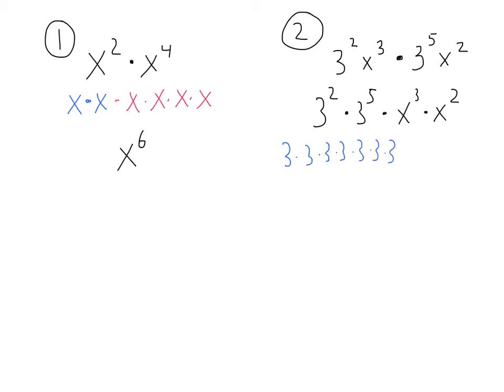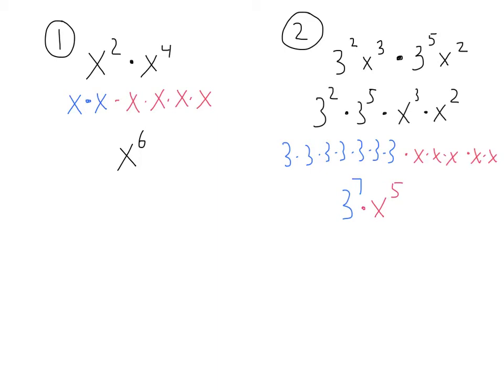X cubed means x times x times x, and x squared means x times x. Altogether, I could simplify this as 3 to the 7th power, because there are 7 factors of 3. For the x's, there are 5 factors of x. So this would be 3 to the 7th power times x to the 5th power.